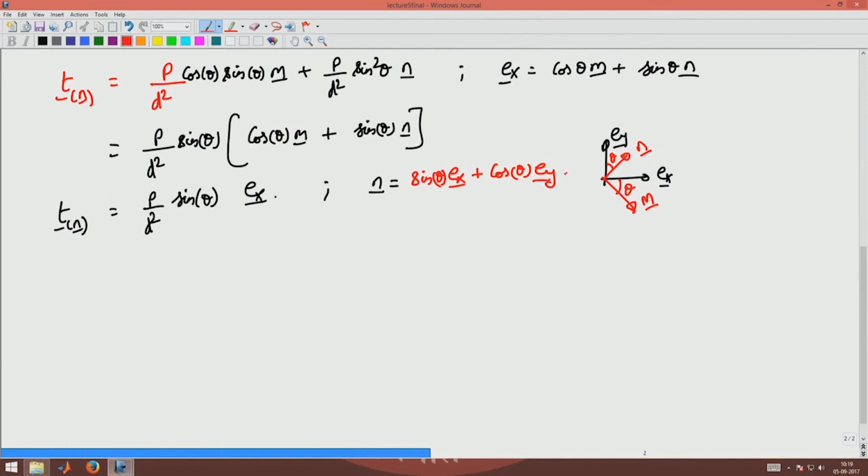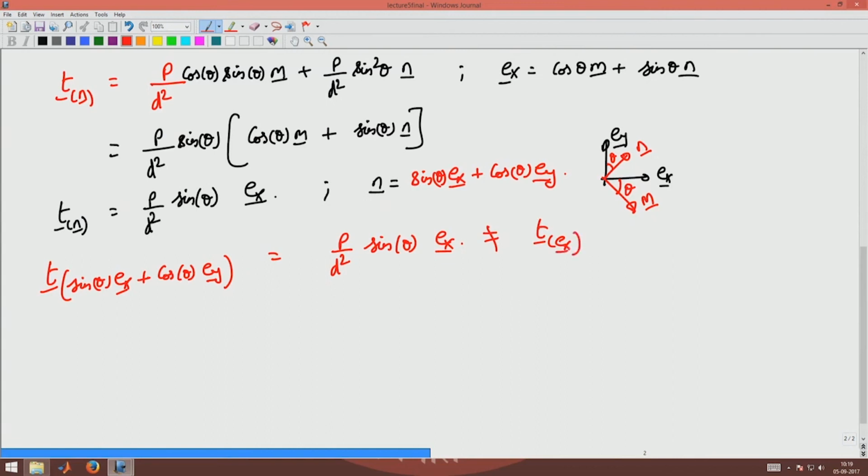Okay. So that is n. So to write it more specifically, T of sin theta Ex plus cos theta Ey is P by d square sin theta Ex. This is not equal to T's of Ex.